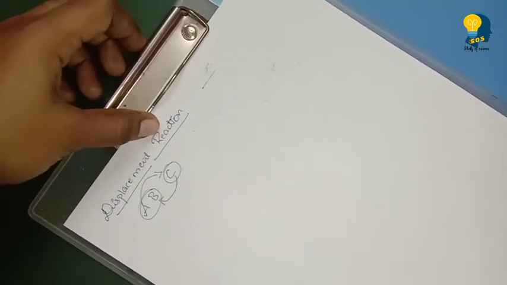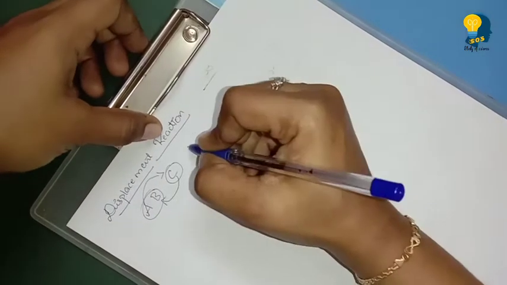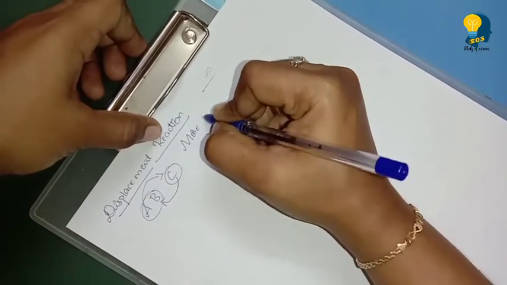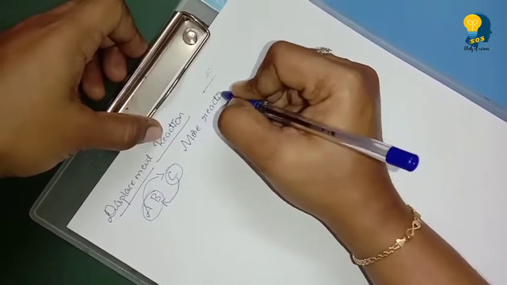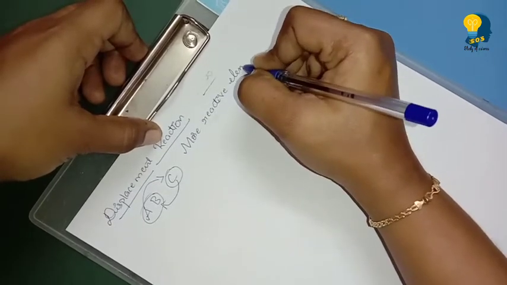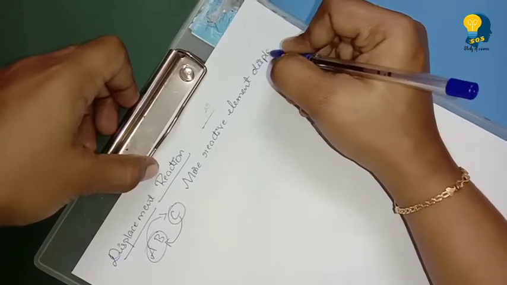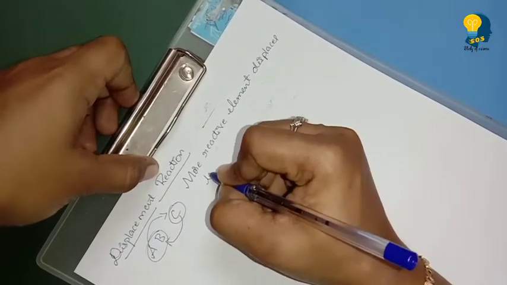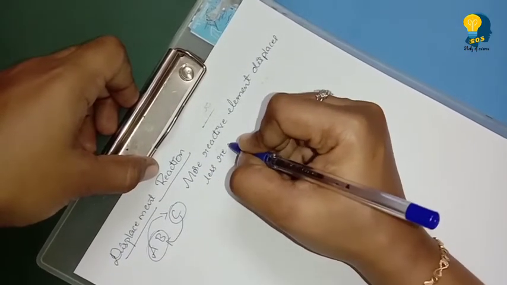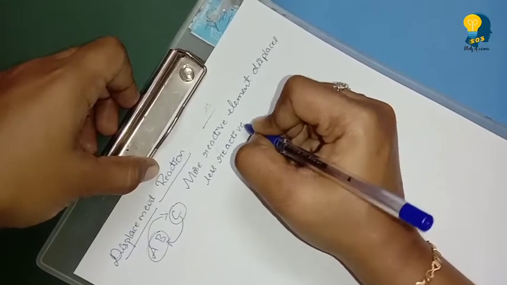How can we write? See, more reactive element displaces less reactive element.